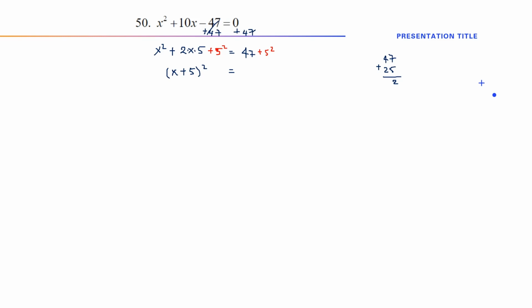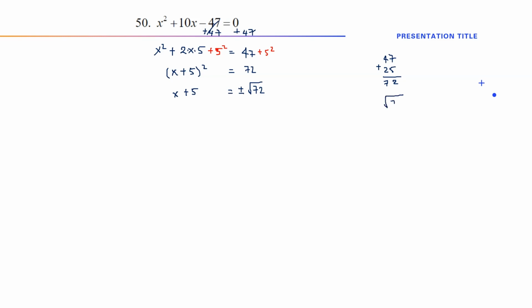47 plus 25 is 72. Now for x plus 5, to get rid of the square, plus or minus the square root of 72.